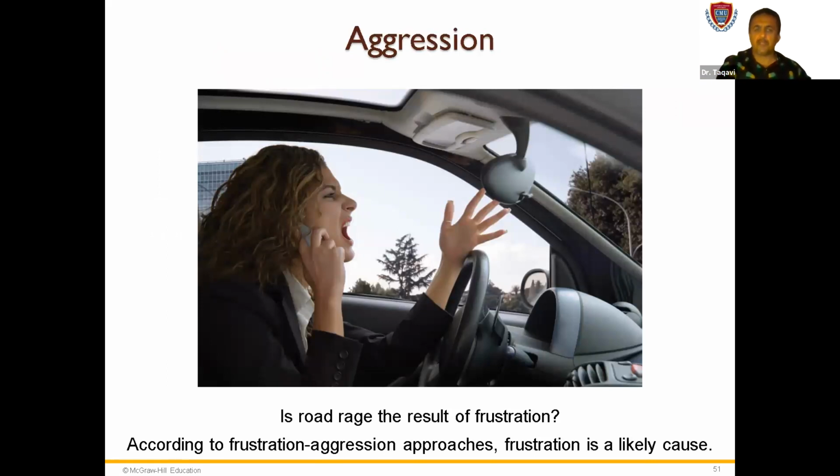Sometimes, according to frustration-aggression approaches, frustration is a likely cause. The theory says if you have frustration, you have anger, and after anger, you have two choices, assertiveness and aggression. And if you choose aggression, you want to harm yourself or other people.